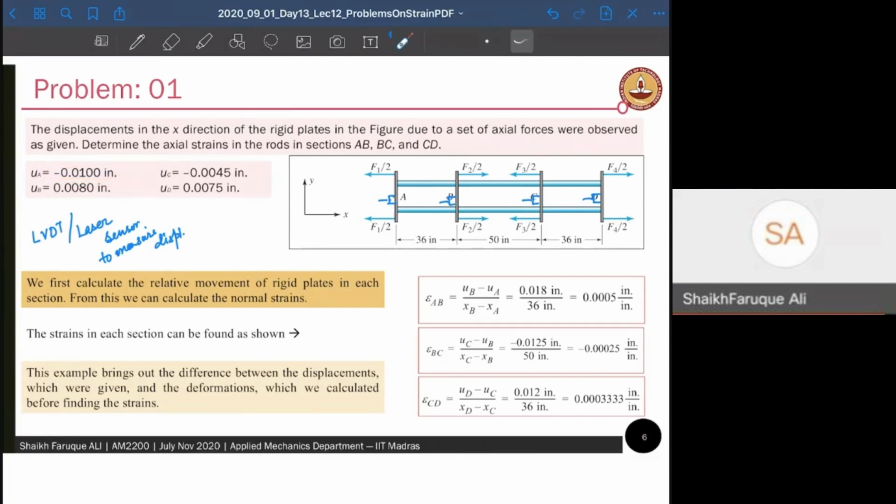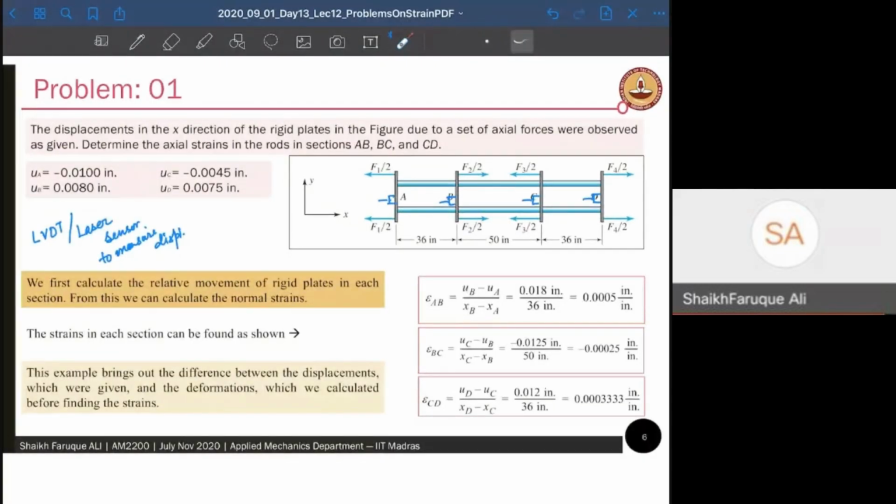So you have to put UB as 0.008 and UA as minus 0.01, because they have moved in opposite directions. So the total elongation is additive here, UB plus UA in magnitude. So it becomes 0.018, and that divided by 36 gives you 0.0005 inch per inch.